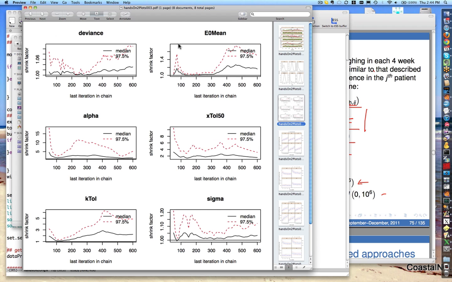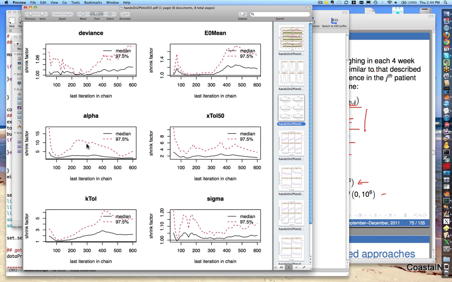If we look at the Gelman-Rubin-Brooks plots here, we can see the convergence problems, though I'm not sure this tells me a whole lot more than the history plots already did. But you can see some of these numbers are substantially bigger than 1. Deviance is no problem. That's still fairly well below 1.